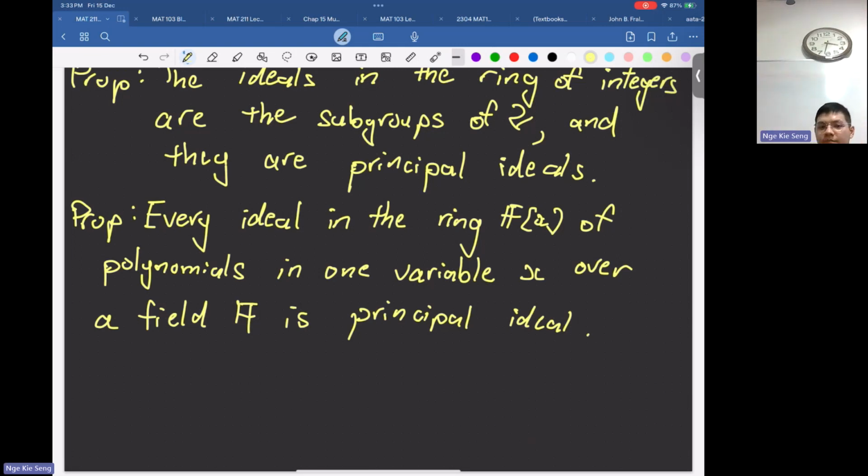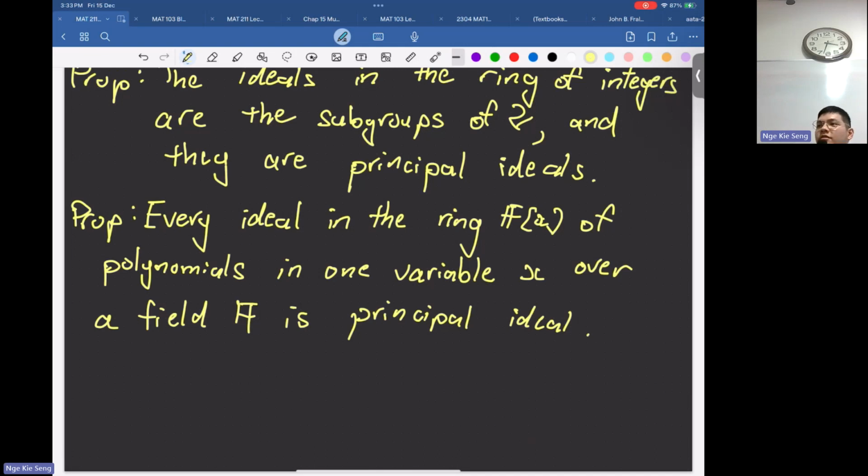The GCD of polynomials, so what should that thing be? Remember last time, what's the division we do in the polynomial ring?